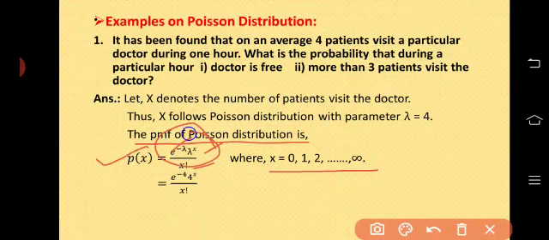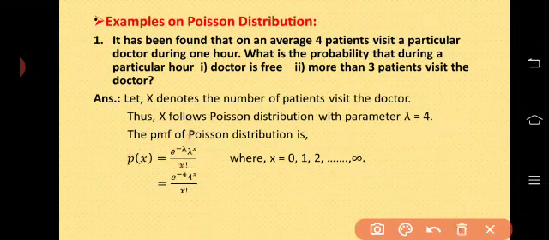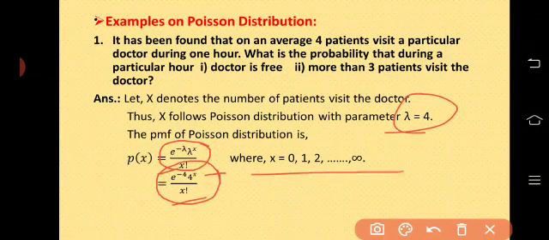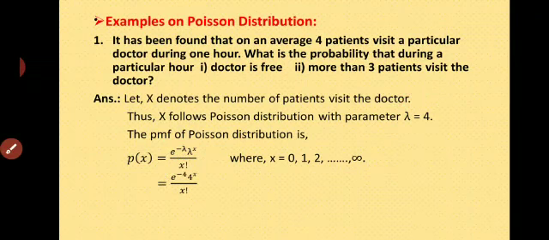Now in this general PMF, put lambda equal to 4. Then you will get P of x equals e raised to minus 4 into 4 raised to x divided by x factorial, where x equals 0, 1, 2, and so on up to infinity.